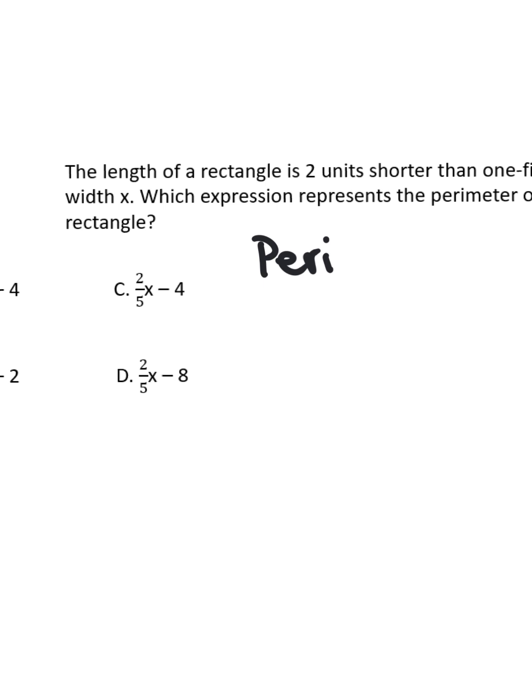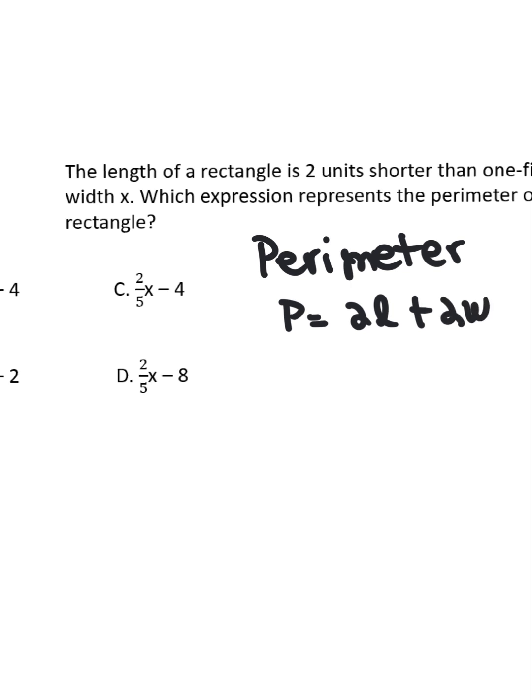Perimeter of a rectangle, you have a formula that says perimeter is equal to 2 times the length plus 2 times the width. Or we can just say that to get the perimeter, you add all sides together.